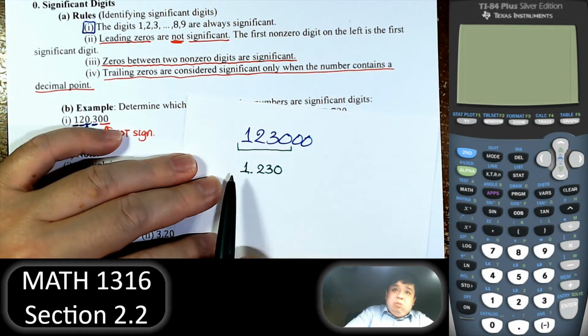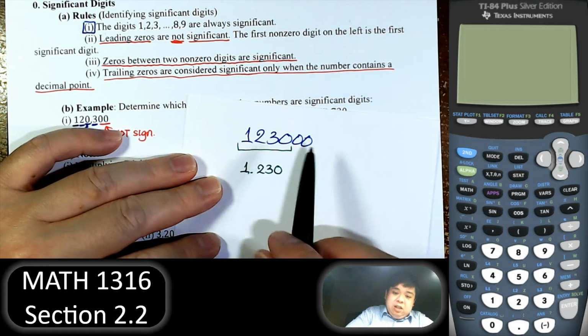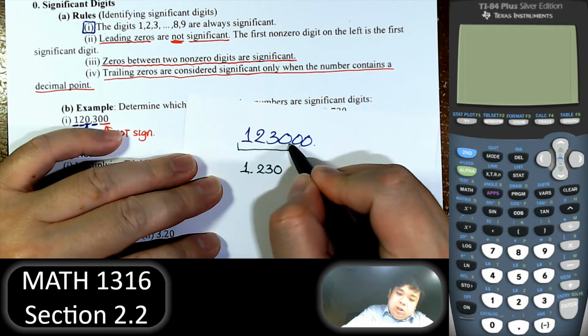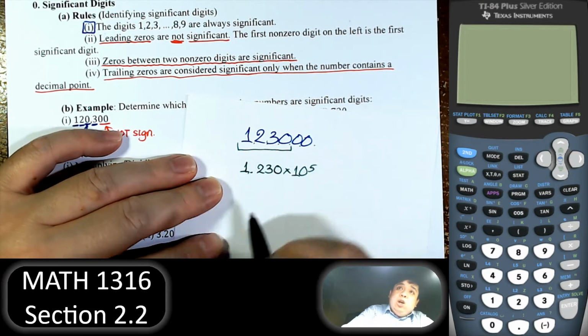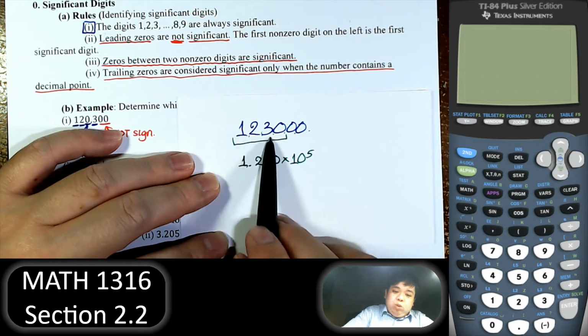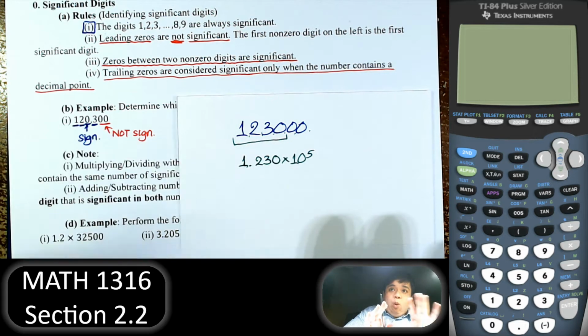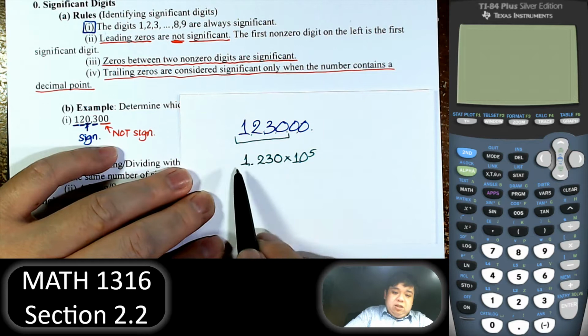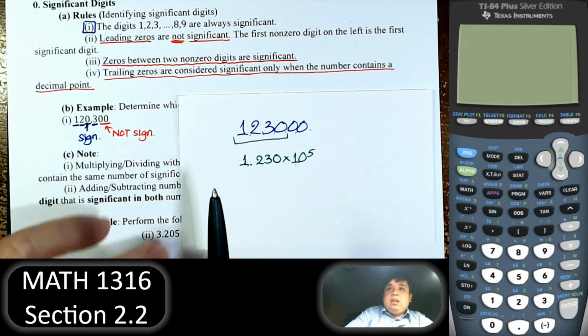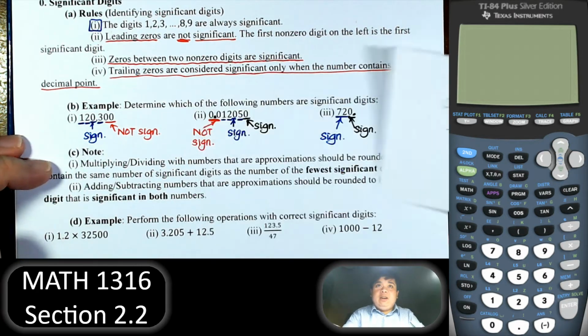So this 0, there will be 4 significant figures. Let's say 1.230 times 10 to the 5th power. So if you want to write this 123000 with 4 significant figures, use scientific notation, then you can say there are 4 of them significant.